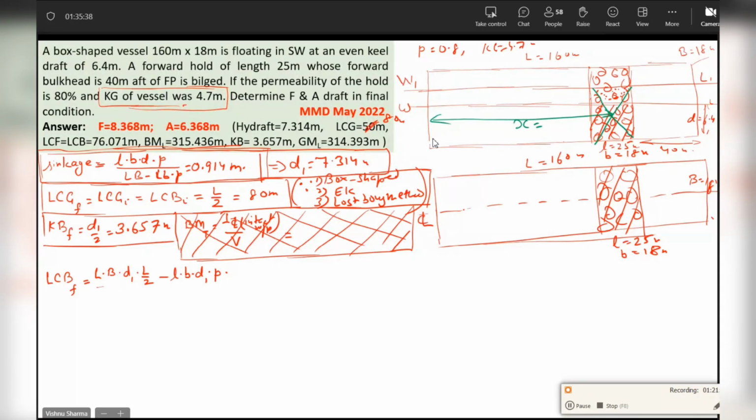Okay. 107.5 guys. X will be 107.5, right?